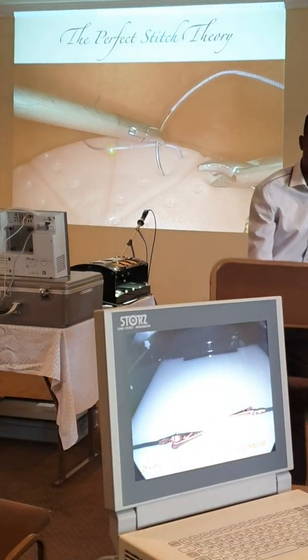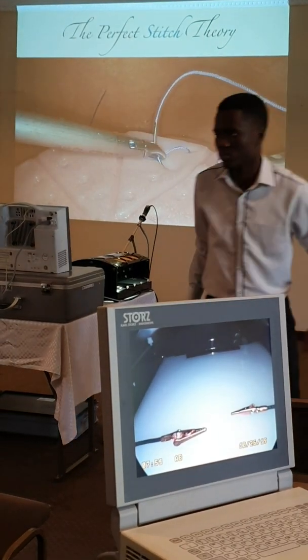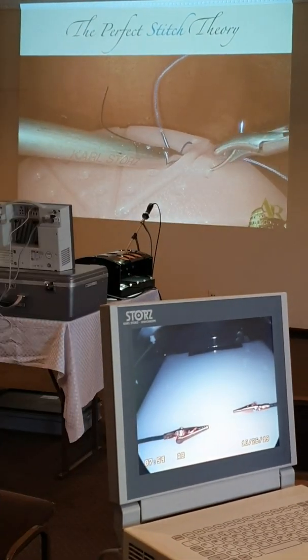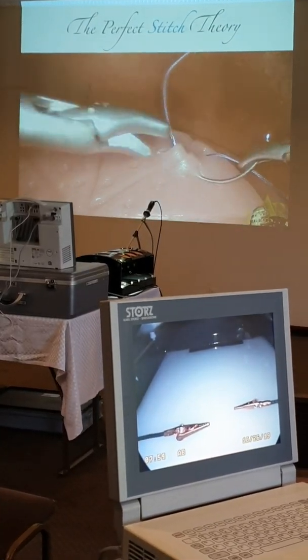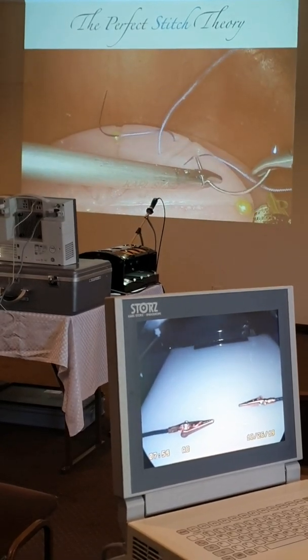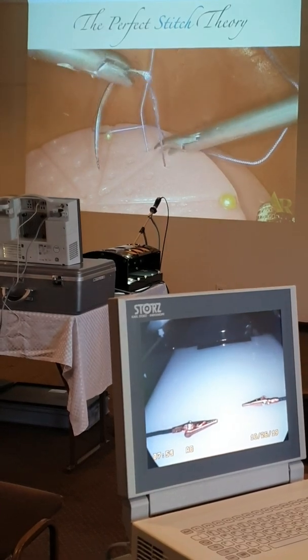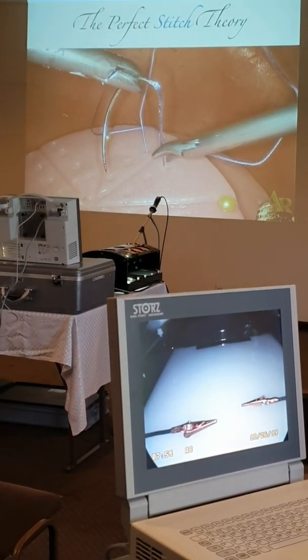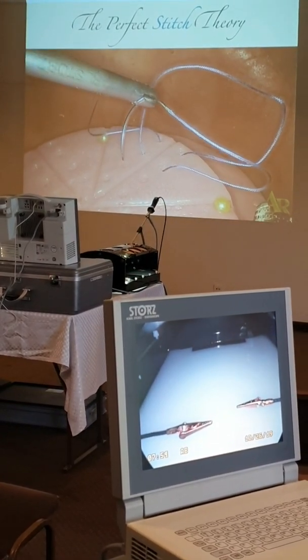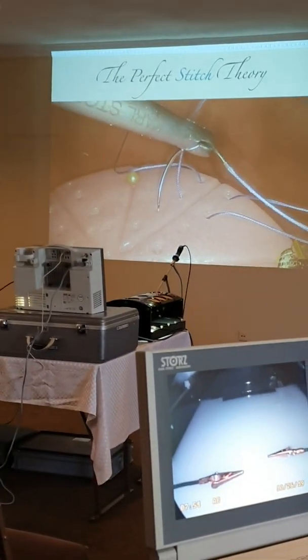Look at it. Again, it's a perfect stitch. Reload the needle, rotate the needle holder, and it's the perfect way to make a new suture.